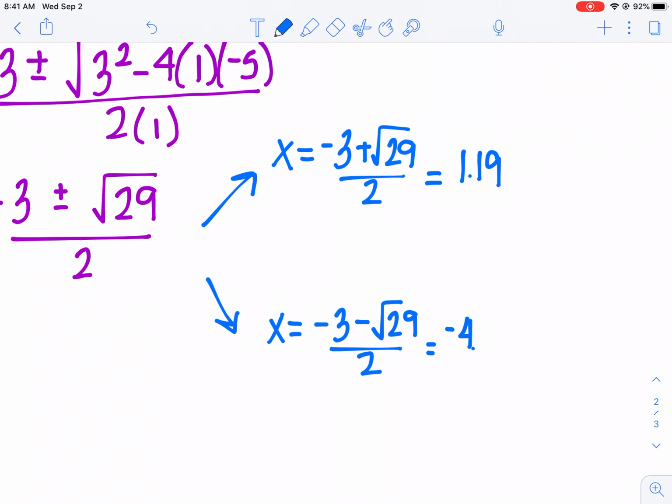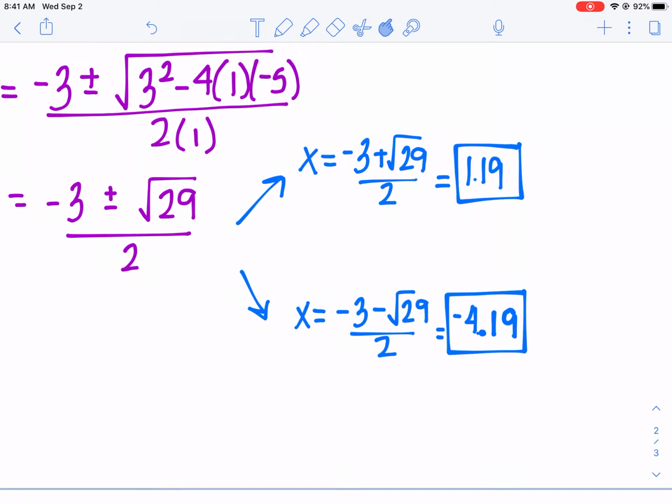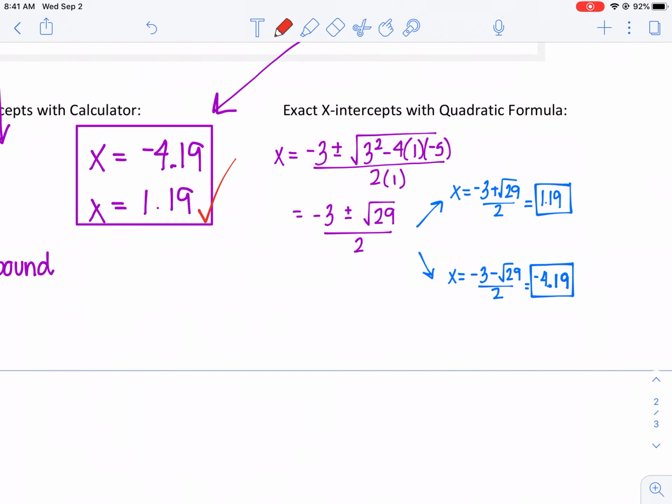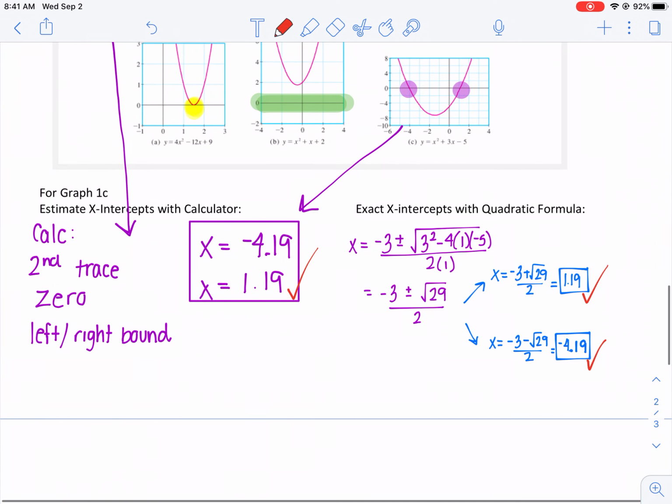I get -4.19, which, if we confirm, is the same answers we actually got from our calculator. And same points from the graph. So just many ways to look at these roots, many ways to check your answers, and many ways to use a quick little formula. If you have questions, feel free to ask them in class. Otherwise, good luck on your homework assignment.